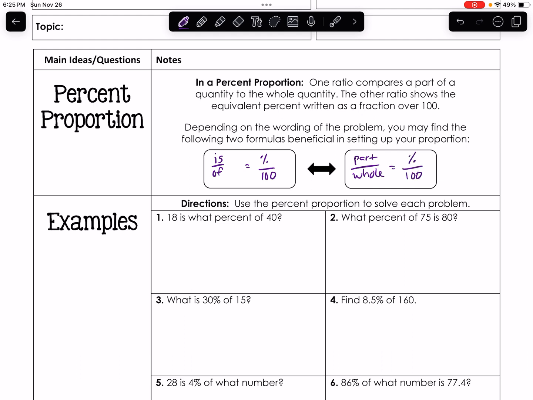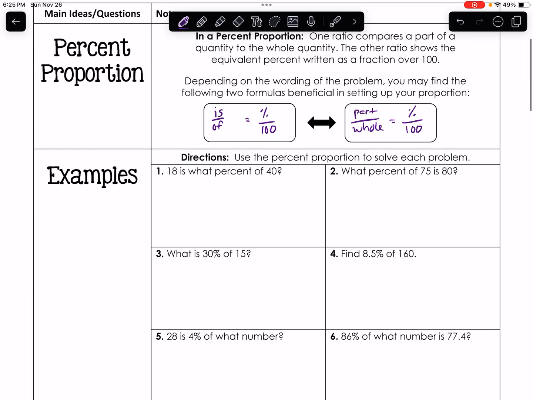Okay? Let's do the right side because we've been doing the left side a lot. What percent of 75 is 80? Again, we want is over of. I'm going to set that to a percentage over 100.